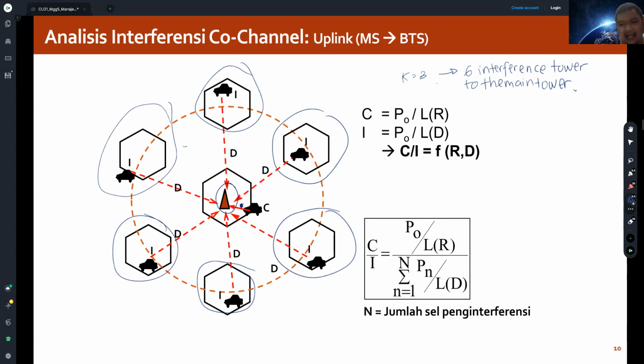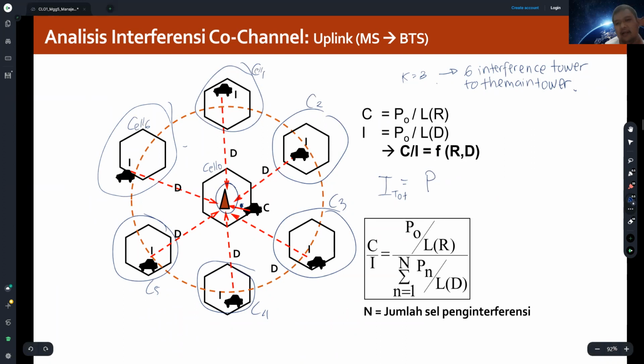From the adjacent cluster. And the total of the interference will be equal to, since we have already modeled the interference as power divided by loss, so the total interference itself will be equal to, let's say this one is cell 0, this one is cell 1, cell 2, cell 3, cell 4, cell 5, cell 6, right?